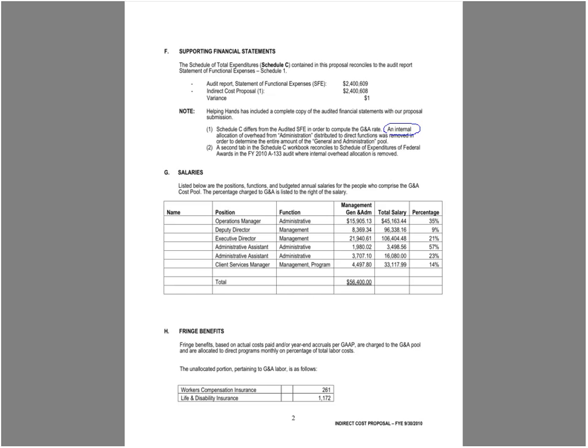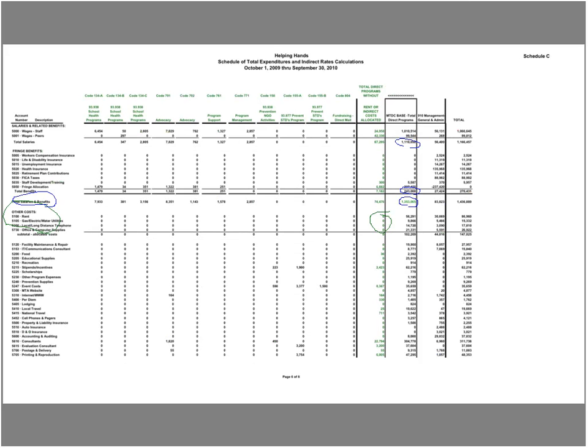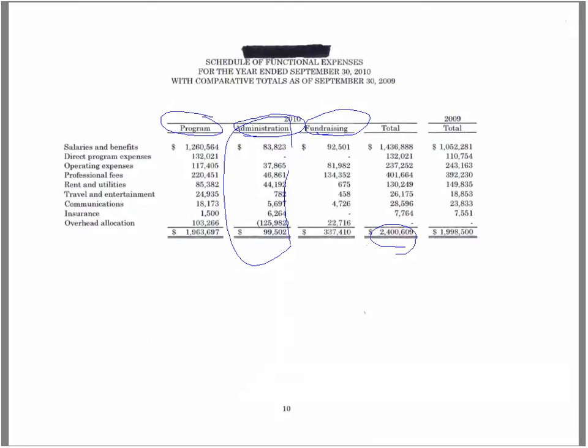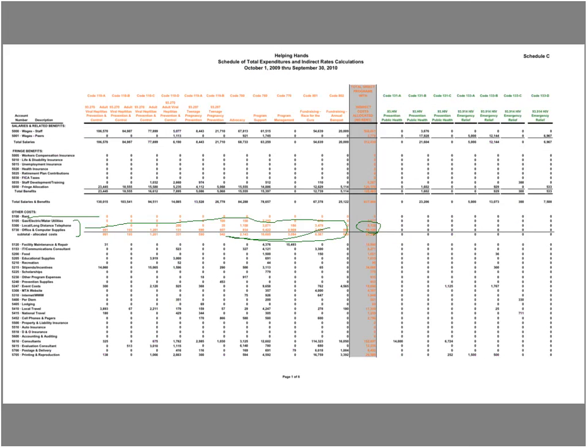What were you talking about there? We're talking about this, right here. They had an internal overhead allocation, which they did per GAAP. We removed this credit, so then the total here is the grand total, which includes 22 and which includes 125 and 99, which is about 224, 225,000. So that's what we're starting from. In other words, we're going to allocate all G&A expenses, and that's what we meant by that.